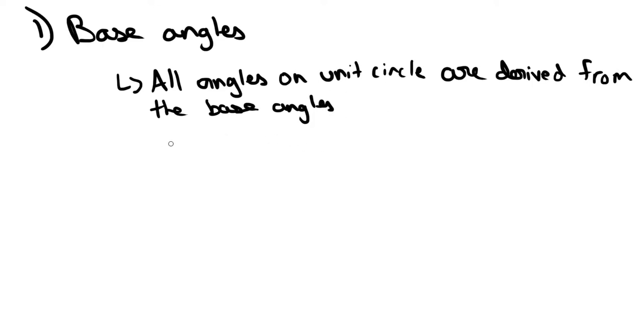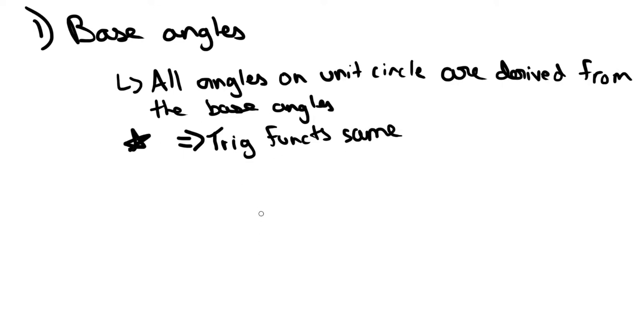And what this means is that they will have the same trig functions. Okay, keep that in mind. So I'm going to tell you what those base angles are momentarily.